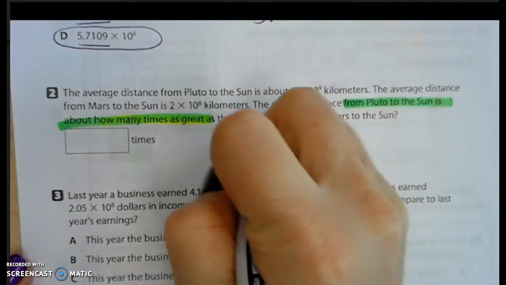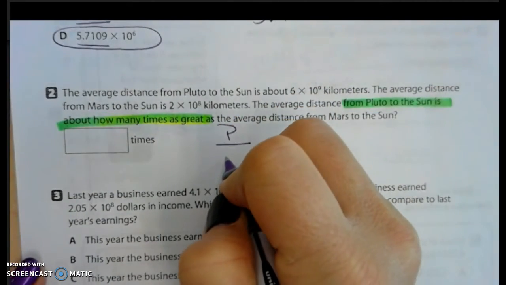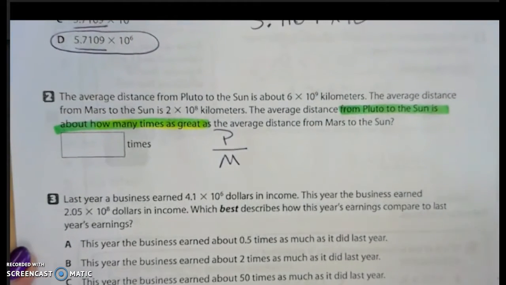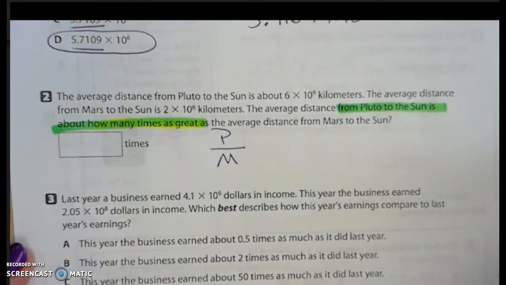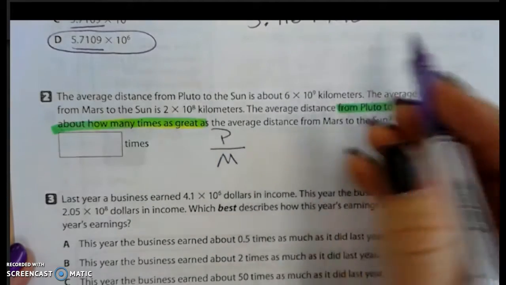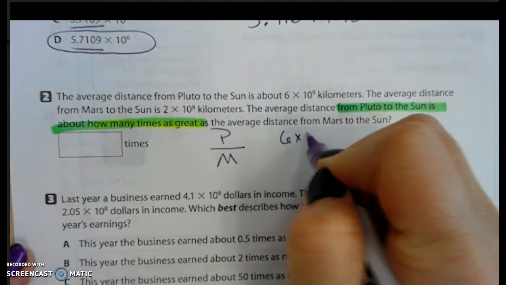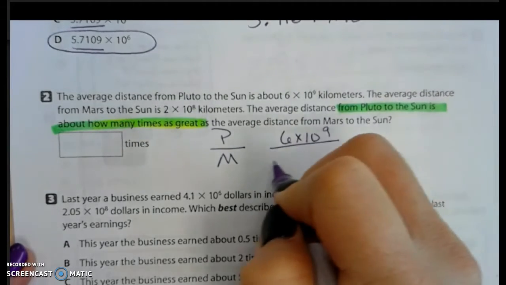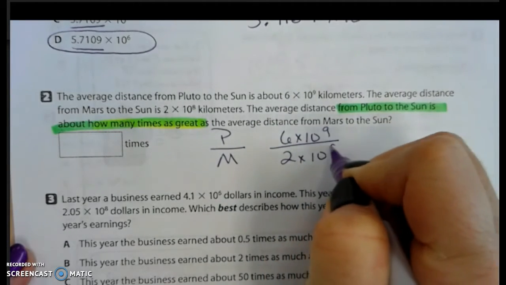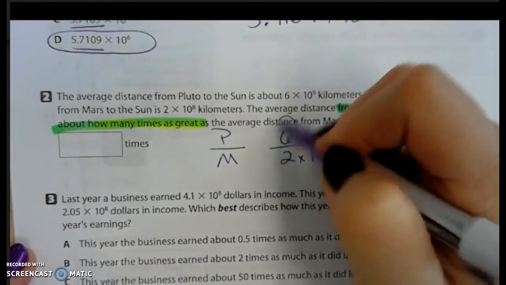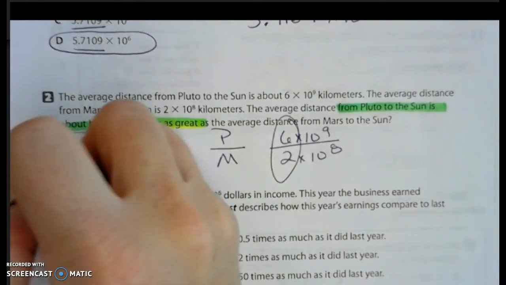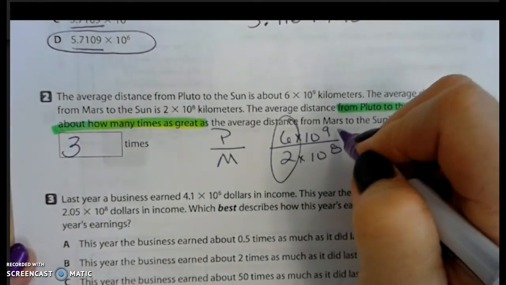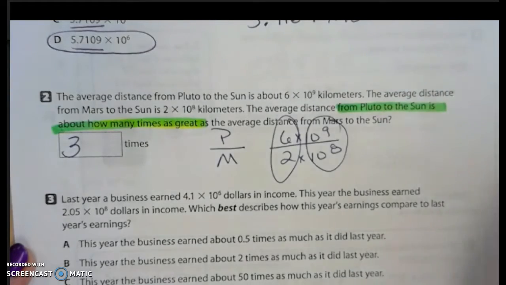So we want Pluto over Mars. And we just have to substitute those in and solve. Because to find out how many times as great, you have to divide. Pluto, 6 times 10 to the 9th divided by Mars, 2 times 10 to the 8th. We're going to divide the constants. 6 divided by 2 is 3. And then we will divide the base 10s, 10 to the 9th divided by 10 to the 8th.